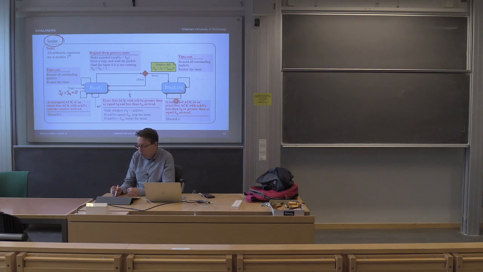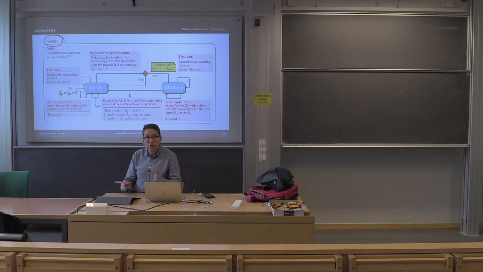Or we get an acknowledgement which is error-free but has the wrong sequence number, and we still cannot slide the window. So then we're back in the blocking state. The only way to get out from the blocking state is to be able to slide the window. And to slide the window, we can do that when we get an error-free acknowledgement with an acknowledgement number which is inside the window, which points out that some of the outstanding packets have been received.